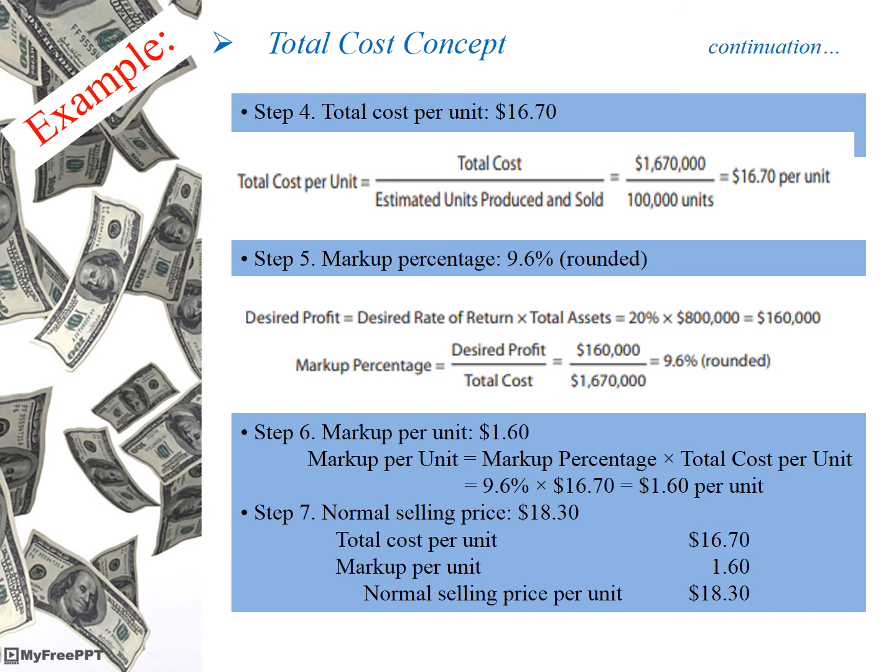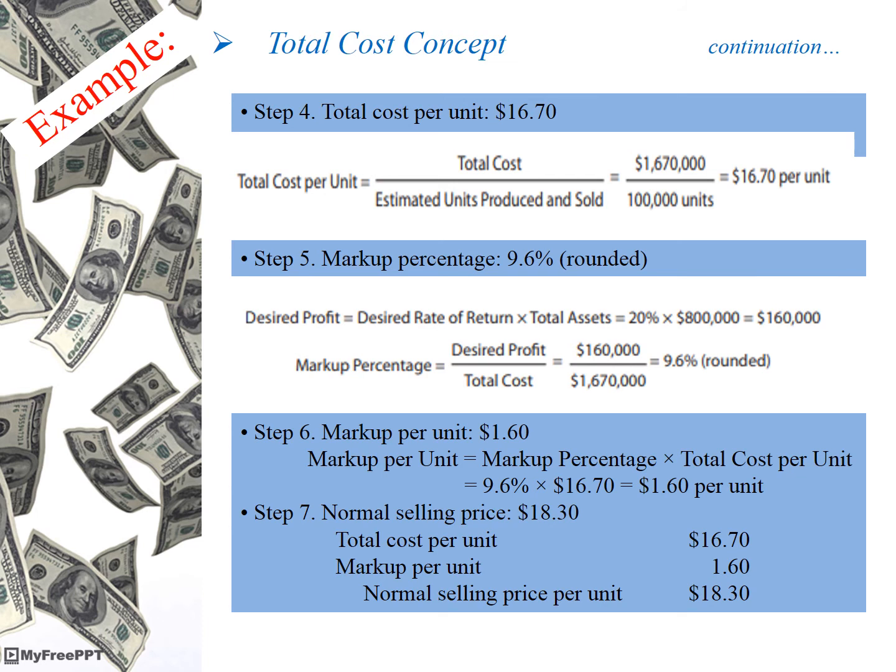Step 5. The markup percentage is equal to 9.6%. In order to get it, let us first solve the desired profit, which is the desired rate of return of 20% times the total assets of $800,000, equal to $160,000.